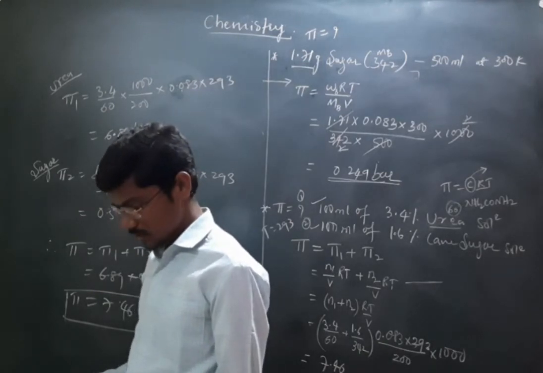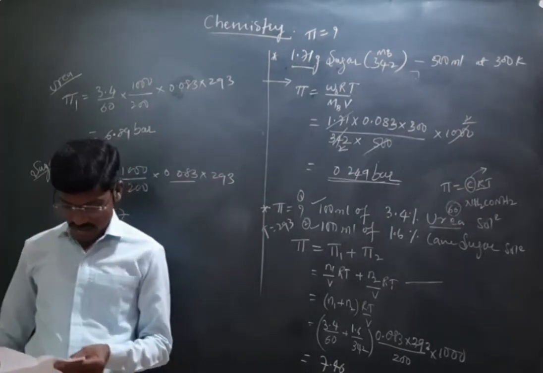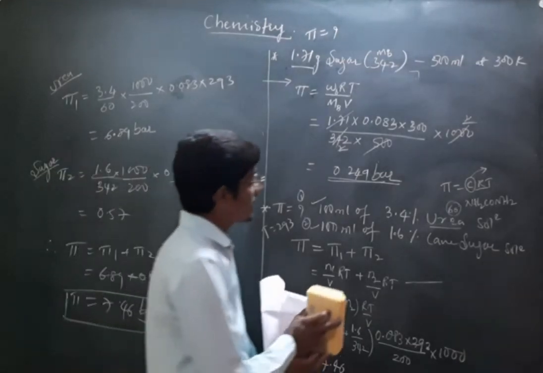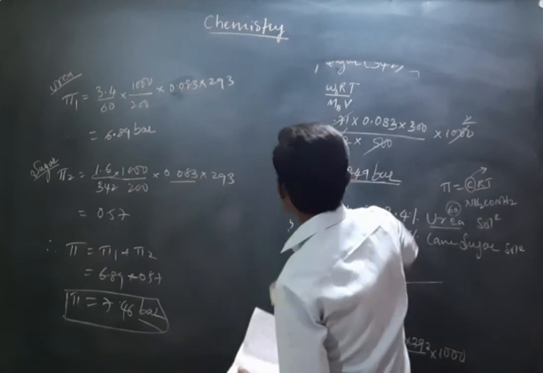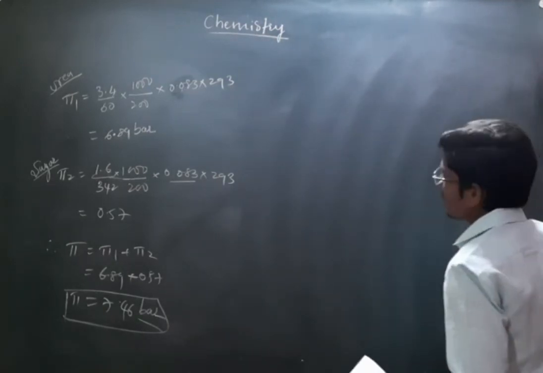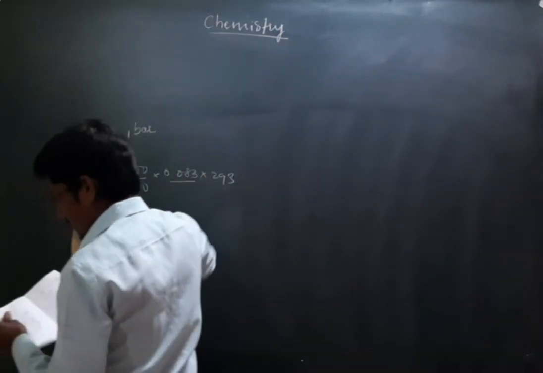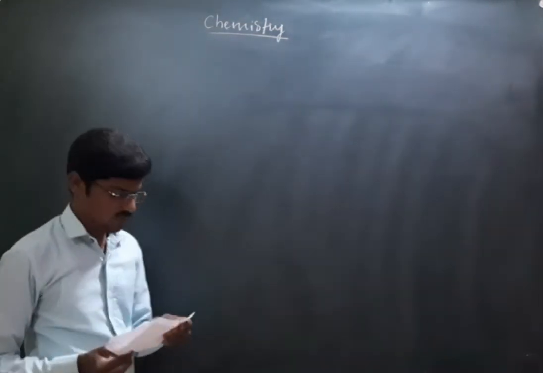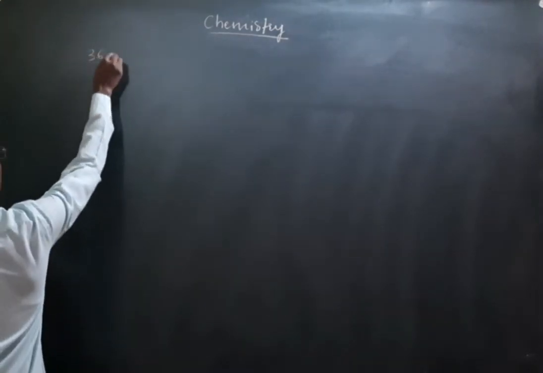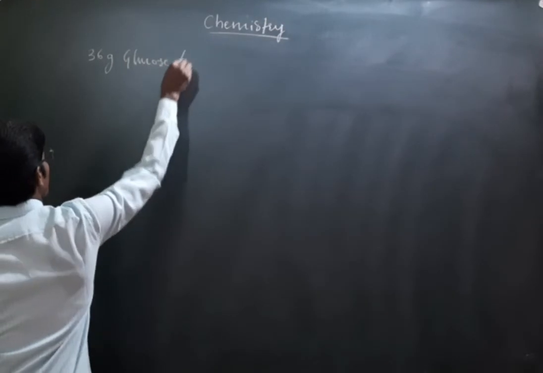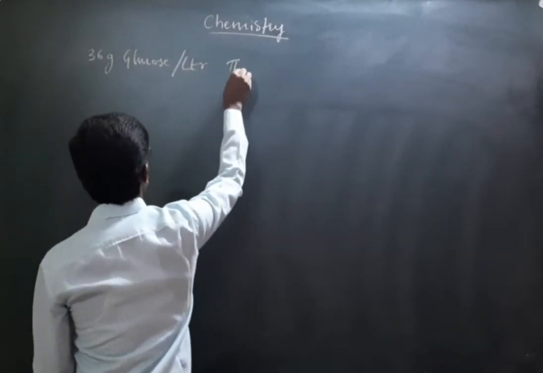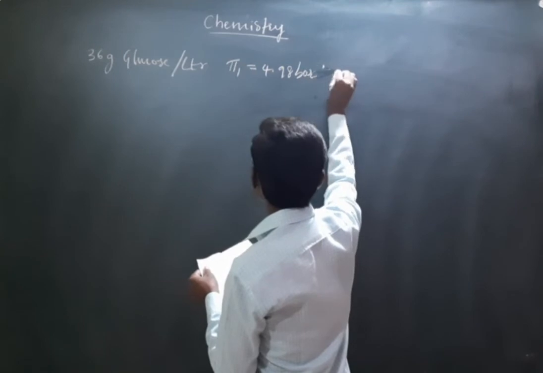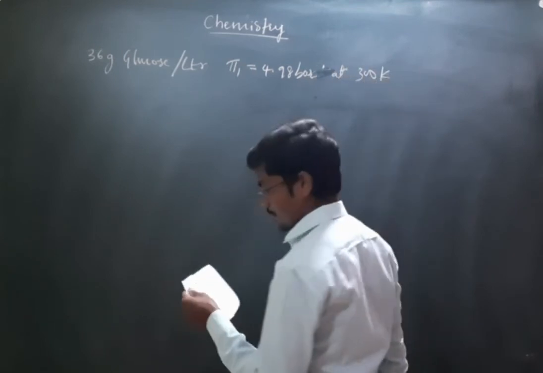Next problem. 36 grams of glucose is dissolved per liter of a solution, which has an osmotic pressure of 4.98 bar at 300 Kelvin temperature.